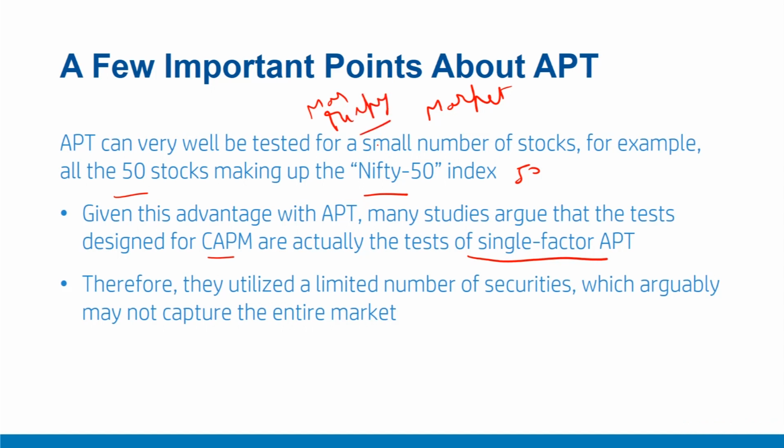So one can say that if we do not have all the securities, whatever form or shape we tested was single factor APT, where we had the market factor as part of that single index return generating process that we have discussed. Because these studies utilize a limited number of securities, which arguably may not capture the entire market.